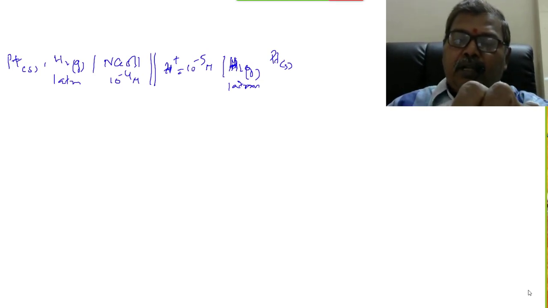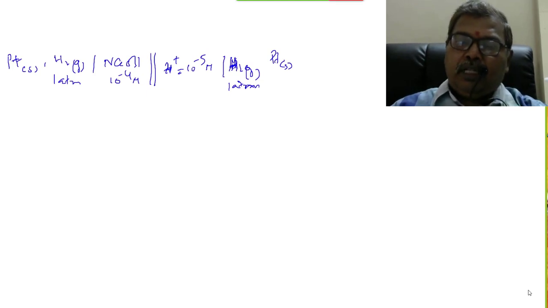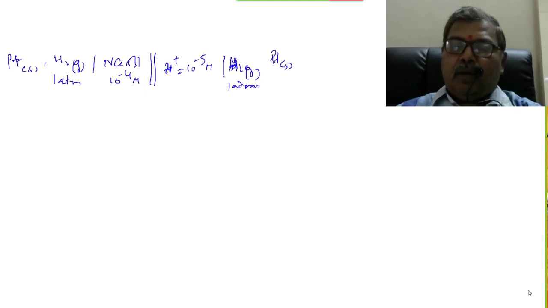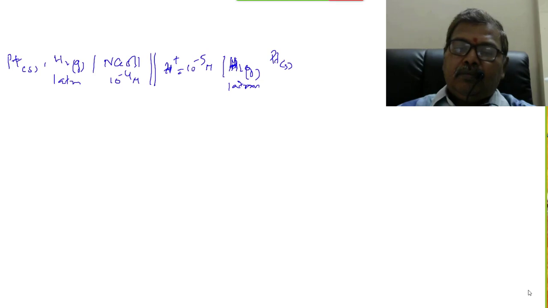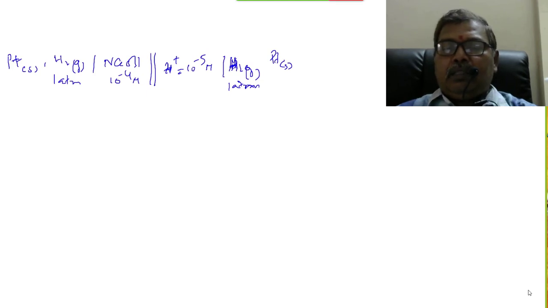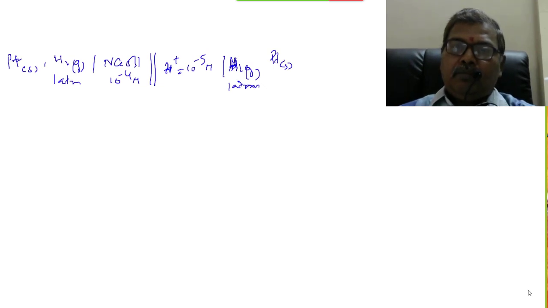In the anode of the cell, the solution is aqueous sodium hydroxide. So, does it behave as an electrode? Any element in contact with its own ions acts as a half cell. Now here, hydrogen is in sodium hydroxide solution. Does it behave as an electrode?